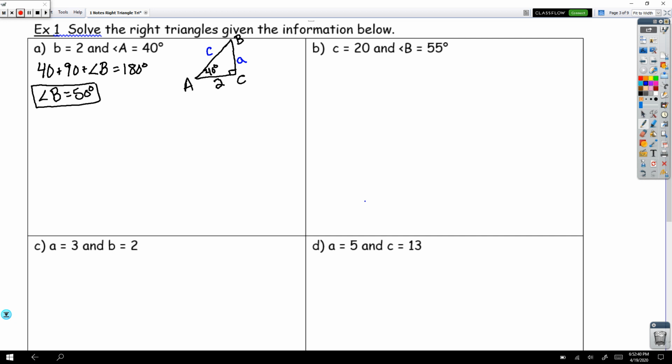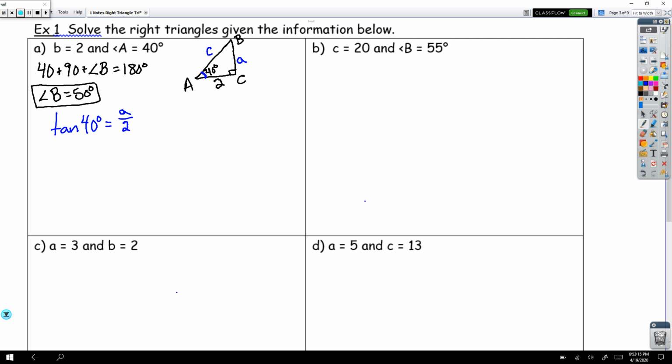Now there's multiple ways you can go about using your trig functions here. You could do sine or cosine or tangent, depending on what you're trying to solve for. I'm going to solve for side A first, and I'm going to use tangent. So I'm going to use the tangent of 40 degrees. And that's going to be opposite over adjacent. So that would be A, the opposite side, over the adjacent side, which is 2.